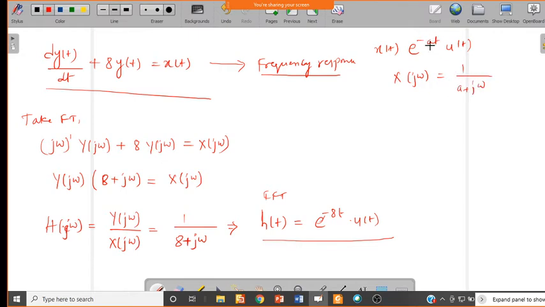Whatever the value of a, you have to put that value. So if you compare with our obtained frequency response, here in place of a it is 8, so we get the impulse response e power minus 8t into u of t. This we have already done in the Fourier transform. Just look it back and you will get the general equation.